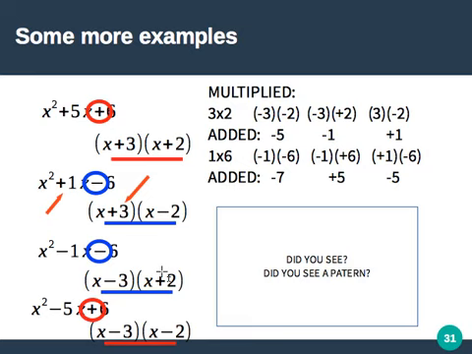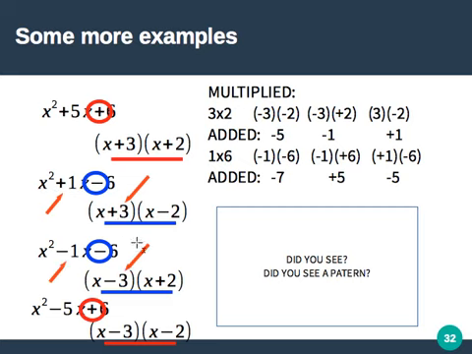But notice here, here's the big revelation that you need to see. This one is positive because the bigger number of the two is positive. So the sign goes to the bigger number.